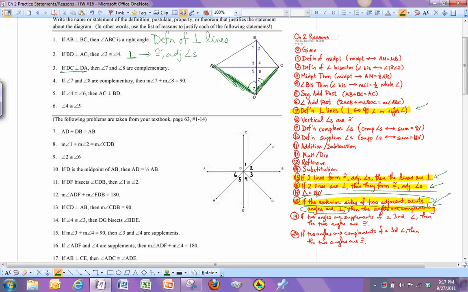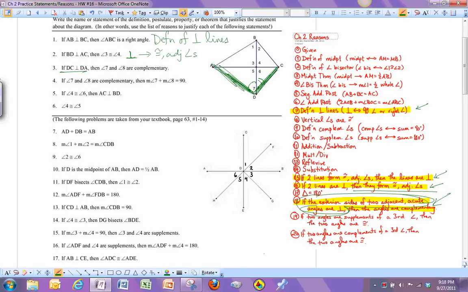Okay, let's check. DC and DA are the exterior sides of 2 adjacent acute angles, 7 and 8. Those are my adjacent acute angles. And they're perpendicular. So we've got the if part of this thing. That's all taken care of. The then part says the angles are complementary, and that's what it says here. So that's our reason. Exterior sides, perpendicular, give us complementary angles.